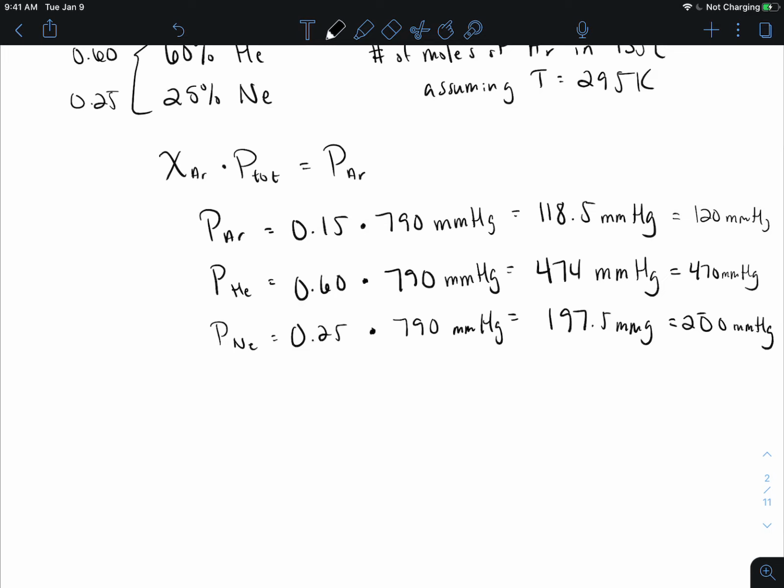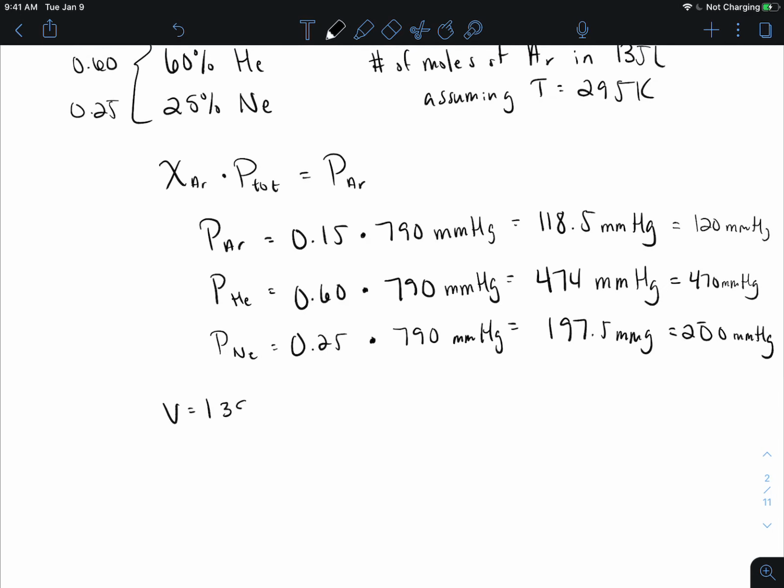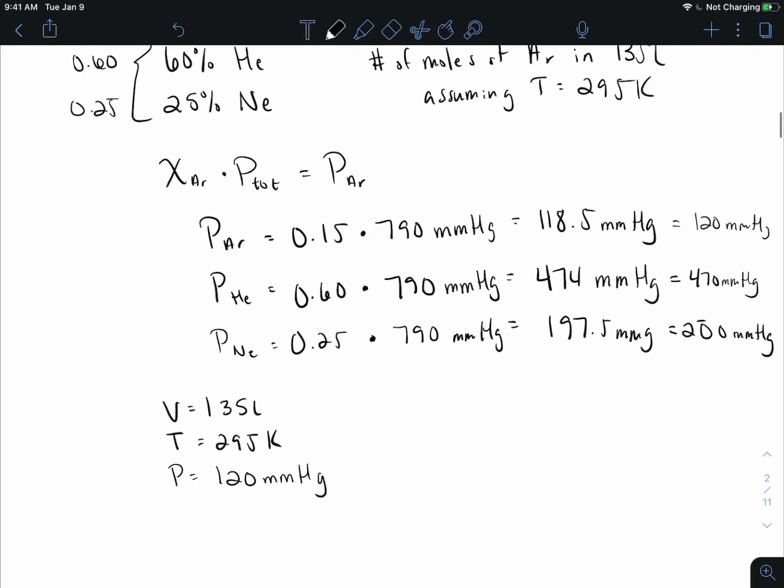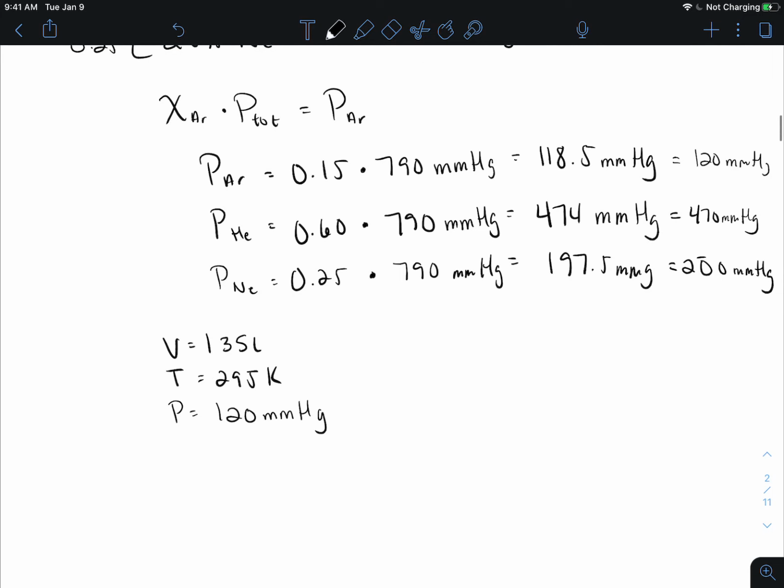Now, we want to figure out how many moles of argon we have, where we have a volume equal to 135 liters, a temperature equal to 295 Kelvin, and a pressure equal to 120 millimeters of mercury, and we're just going to solve for n using our ideal gas law.